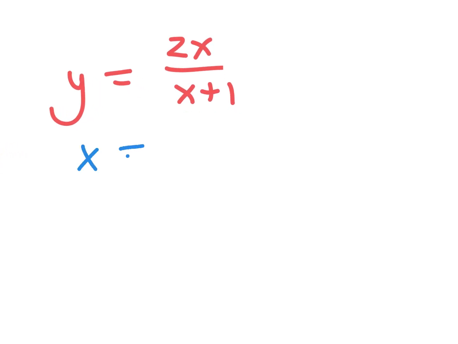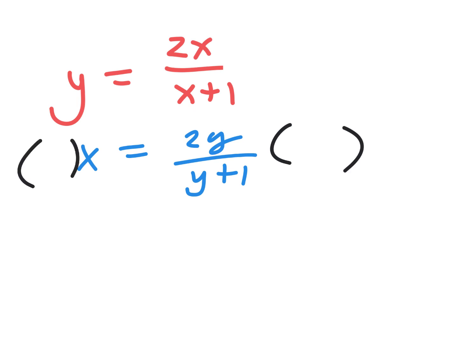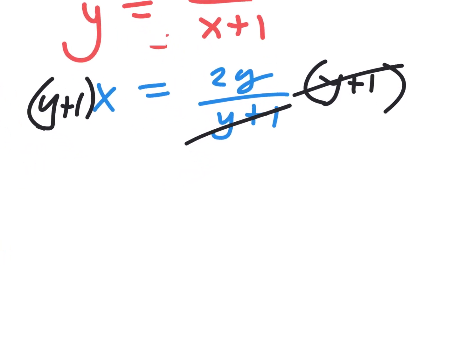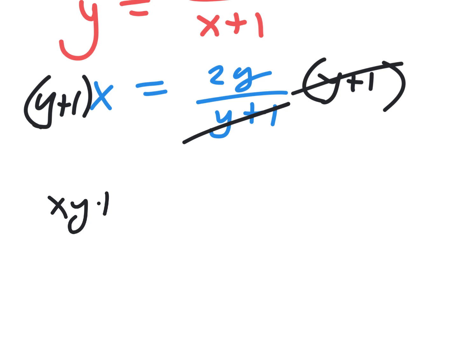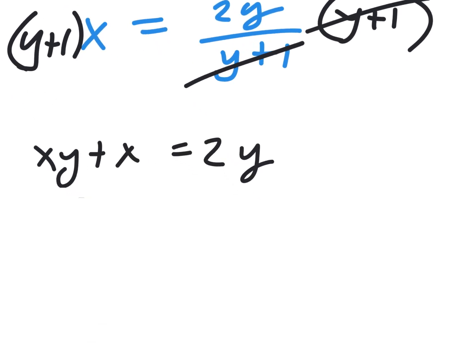Okay, first x equals 2y over y plus 1. If you can factor it, you should, but there's no factoring. So multiply by y plus 1, clearing the fractions. xy plus x equals 2y. Get the y's to one side.